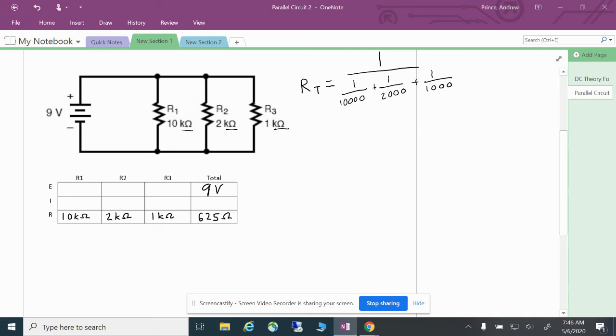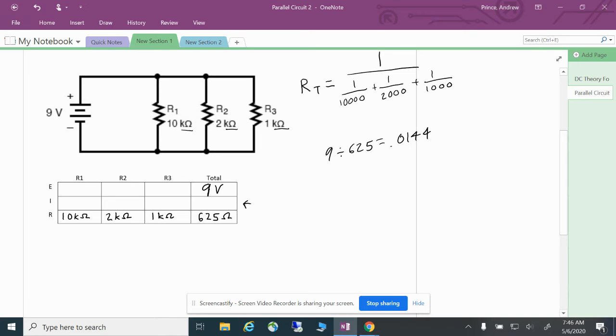Now with that information, we can solve for the current here. So our total current will have that value next. So if we take 9 volts divided by 625 ohms, that gives us 0.0144.